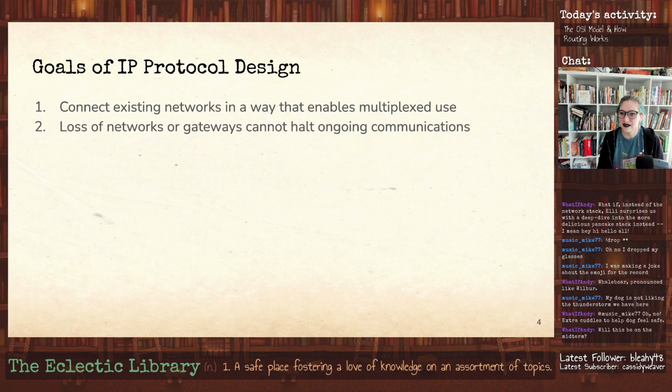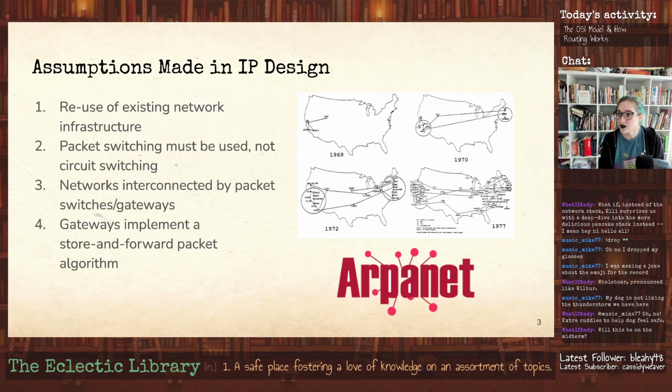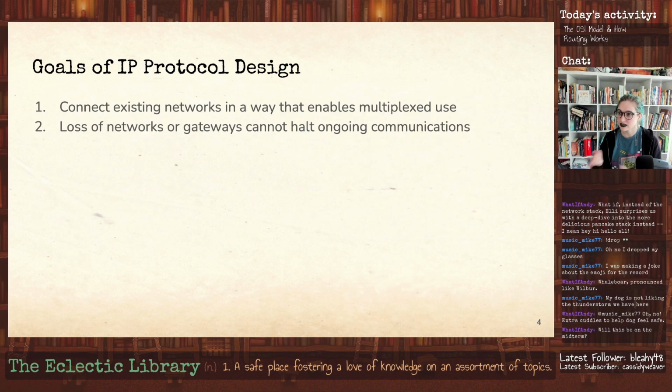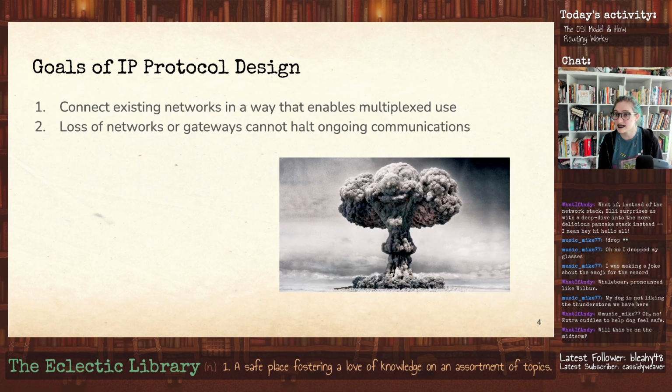Next, going over the goals of the IP protocol design. So these are the constraints. The goals were, number 1, to connect existing networks in a way that enabled multiple users to use the network simultaneously. 2, to ensure that a loss of networks or gateways didn't halt ongoing communications.